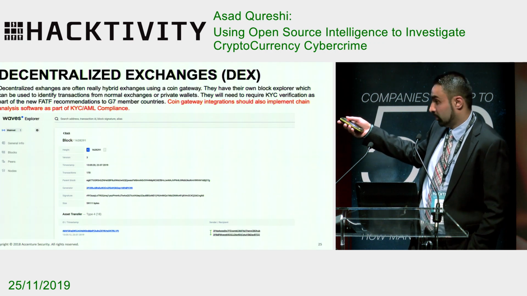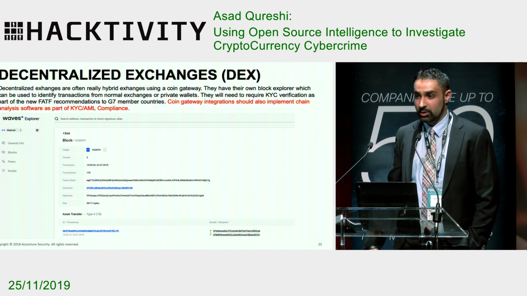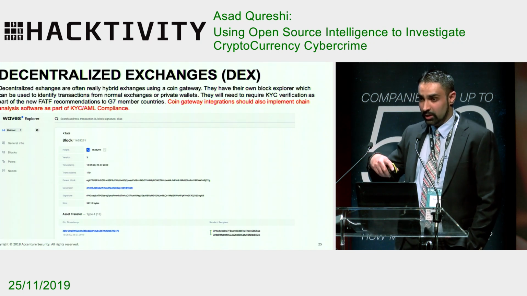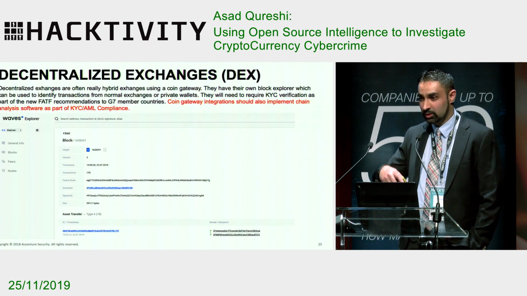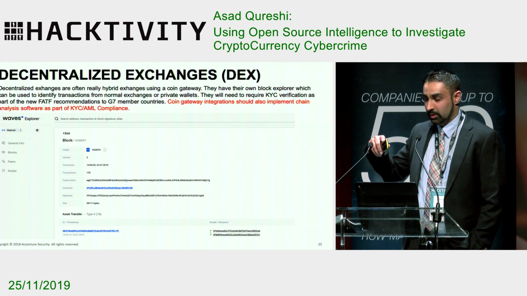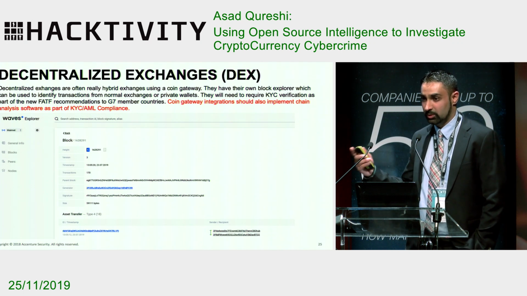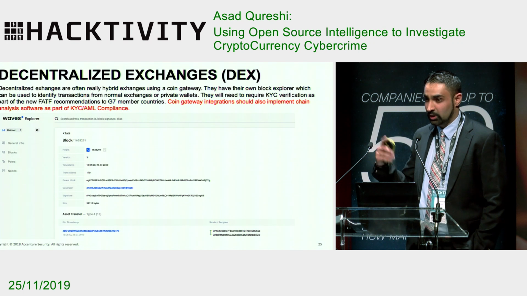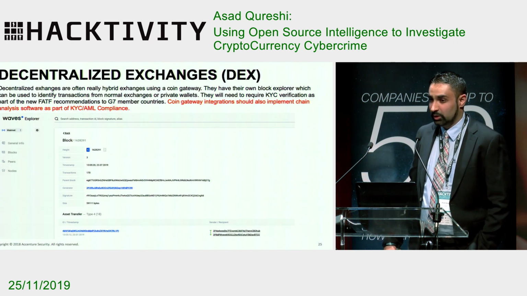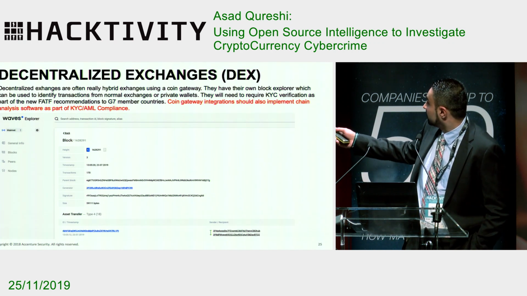Based on the new rules that will apply to cryptocurrency exchanges, as a recommendation for the G7 countries, all exchanges have to not only carry each user's information when a transaction is moving from one exchange to another, but also store the transaction for some time, I don't know the exact amount of time, so they can go back and see who has sent the money.